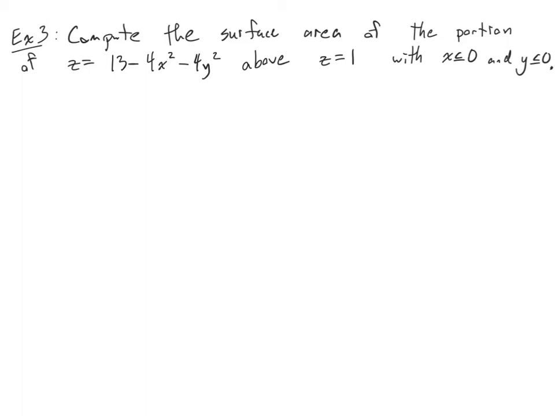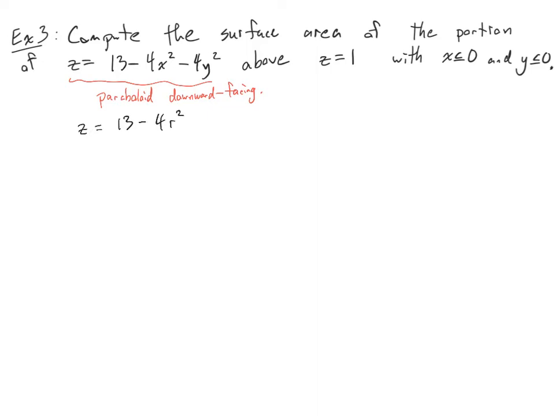So this is one of our favorite functions, actually. This is a quadric surface that we care about. This over here is a paraboloid, and it's downward facing. I think it's easy to see that in cylindrical coordinates it is z equals 13 minus 4r squared.